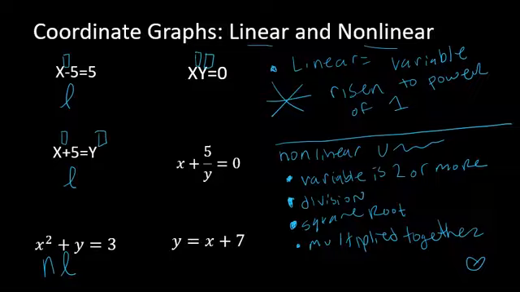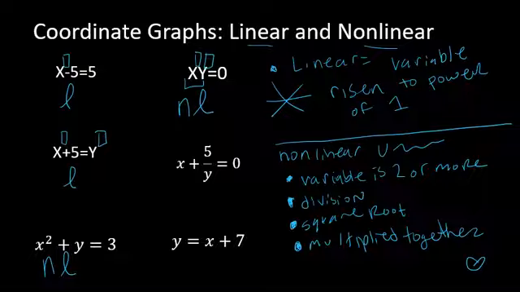Square root? No, there's no square roots. I don't got to mess with square roots, so it still feels like it's linear. But what about this? Multiplied together. Yeah, these two are in fact being multiplied together. Okay, never mind. I guess it's nonlinear. That's what's happening. What about this next one? I have x plus 5 over y equals 0.